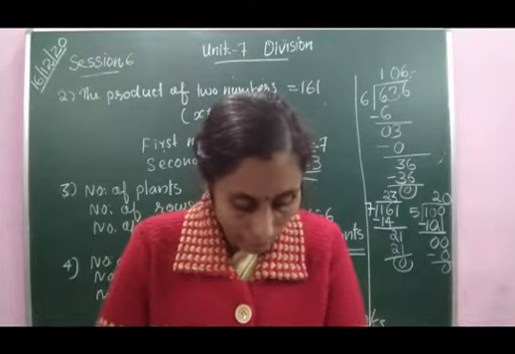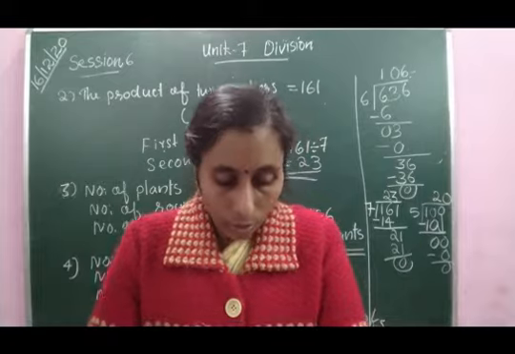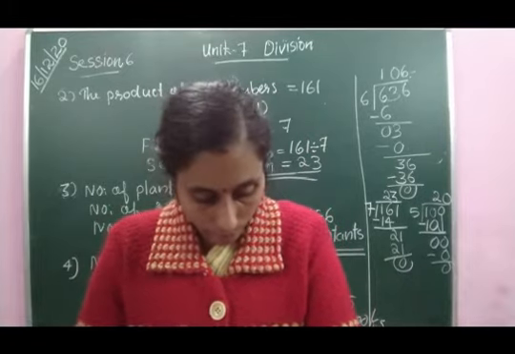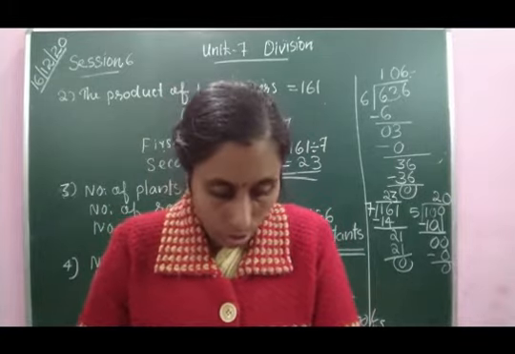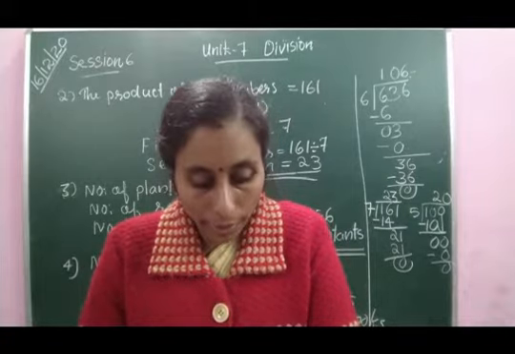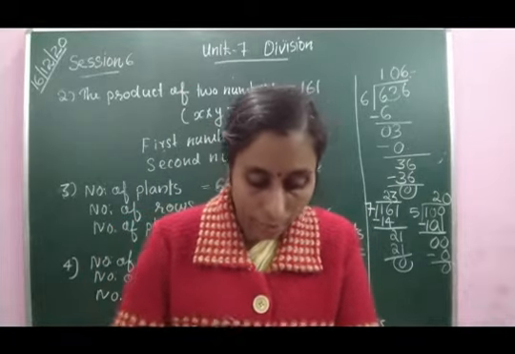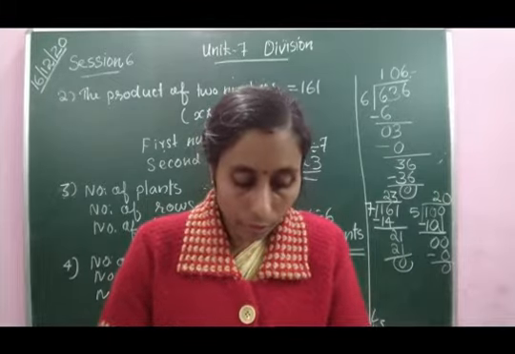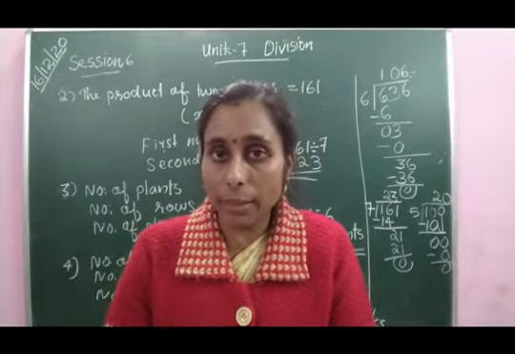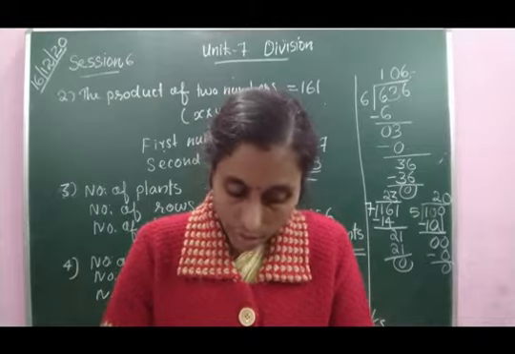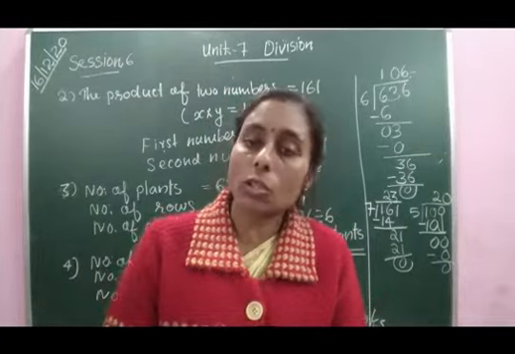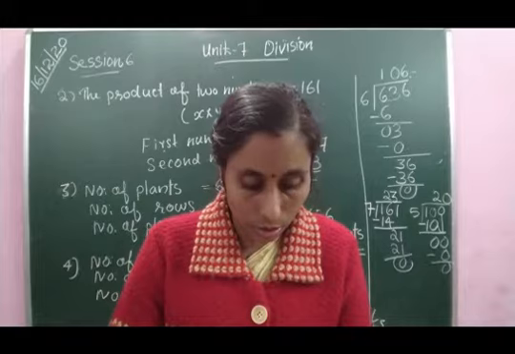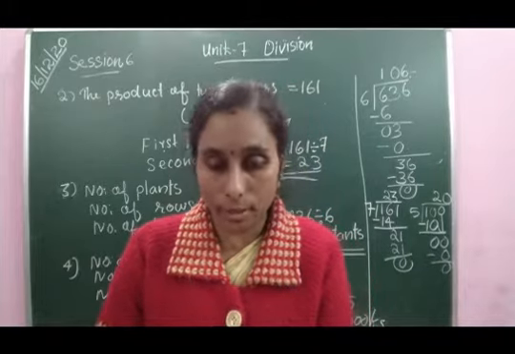First one, page number 122. Multiple choice questions. First one, when 538 is divided by 10, the remainder is. Whenever we divide a number by 10, the last digit becomes the remainder and the rest of the number becomes the quotient. So the remainder is 8.